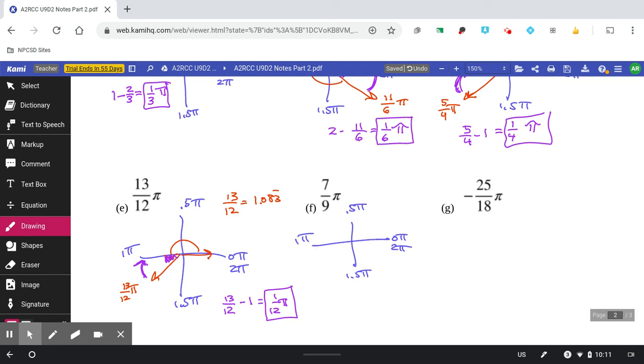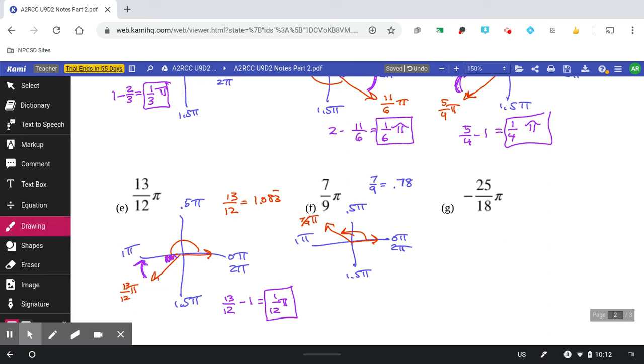A half would be 4.5 over 9, but that's if we're looking at it fraction-wise. 7/9, if I go ahead and put that in my calculator, 7 divided by 9, I get 0.78. And so 0.78-ish would start off on the positive x-axis, and it would be, as I said, between 0.5 and 1. Okay, and I'm going to put 7/9 pi there.